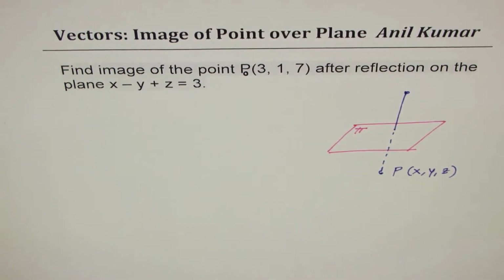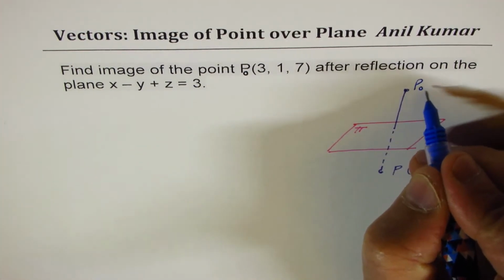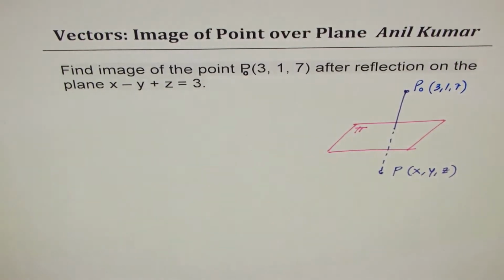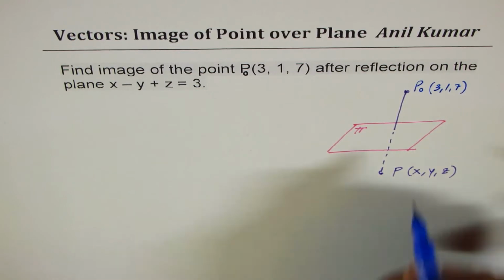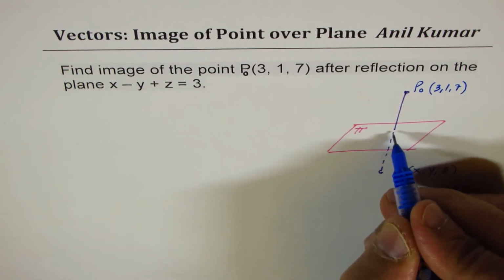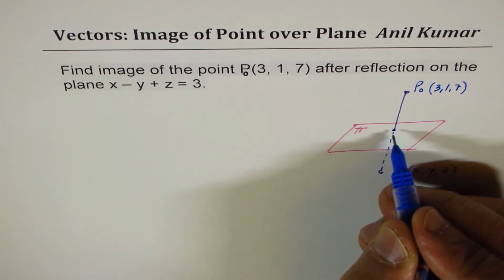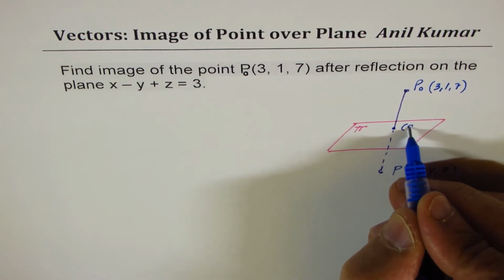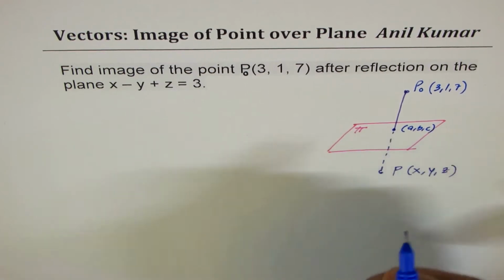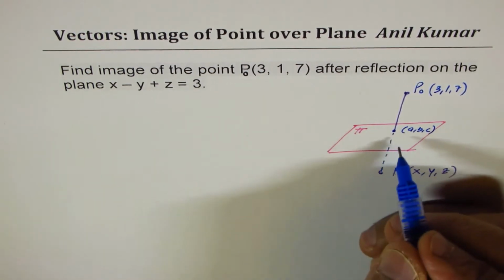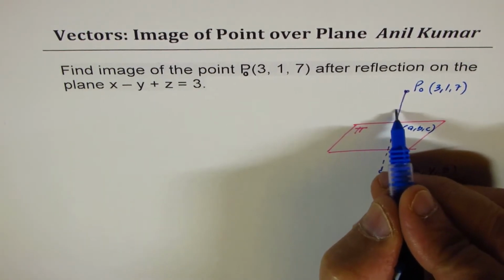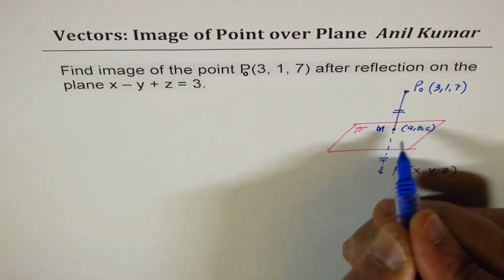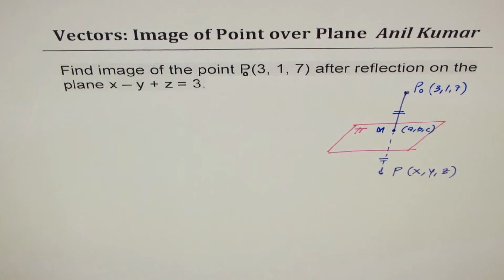We are given the point P0, which is (3, 1, 7). To find this image, we can find the point on this plane where it intersects, and let that point be (a, b, c). Reflection will be the same distance away, so we'll treat that as the midpoint M to get the point P. That's the strategy.